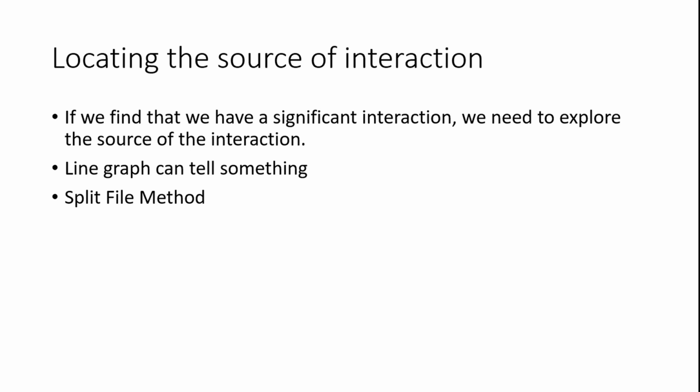Method number one is the line graph. It can tell us something, but we would need some specific statistical analysis to determine if there is an interaction, and to see where these interactions are. To locate those interactions, we use the split file method.